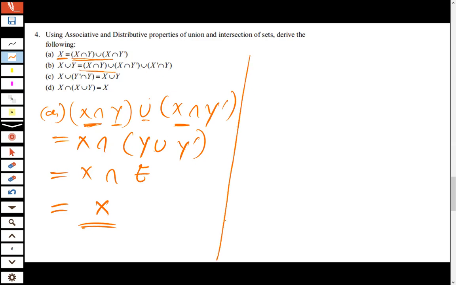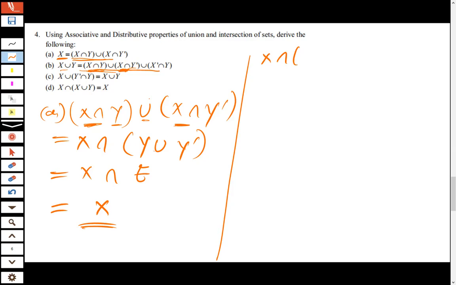Let us also prove the second part. For the second part, they want us to prove that this whole part here is equal to X union Y. So even from here, we can start by picking the common thing, which is X intersection. When we put X intersection outside, whatever remains between the first two sets, we put in the brackets.